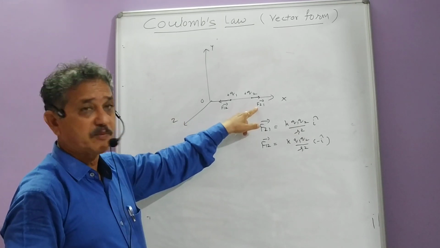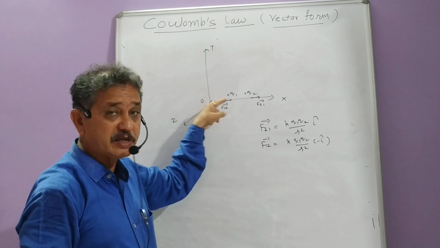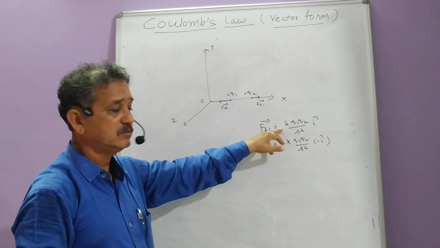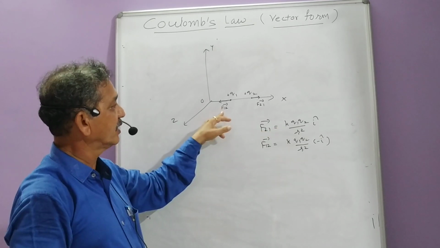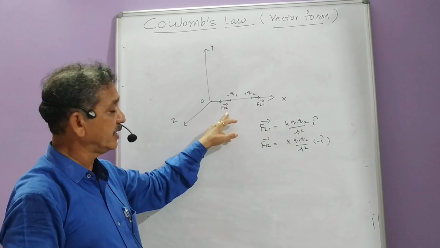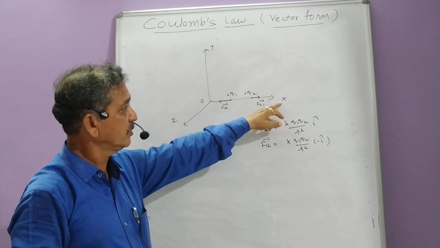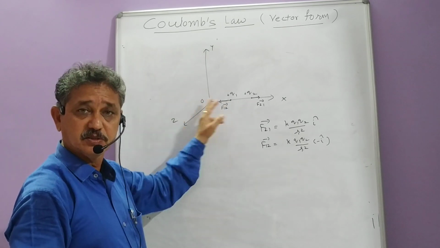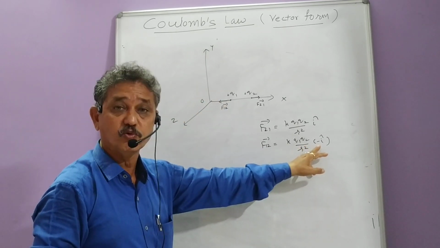So you can see that vector F21 is along the direction of unit vector i, that's why it is positive. While vector F12 is in the direction opposite to the x-axis, meaning the negative x-axis, so there is a negative unit vector i.